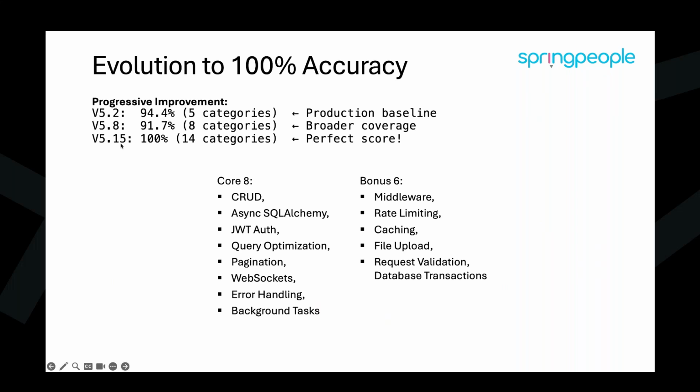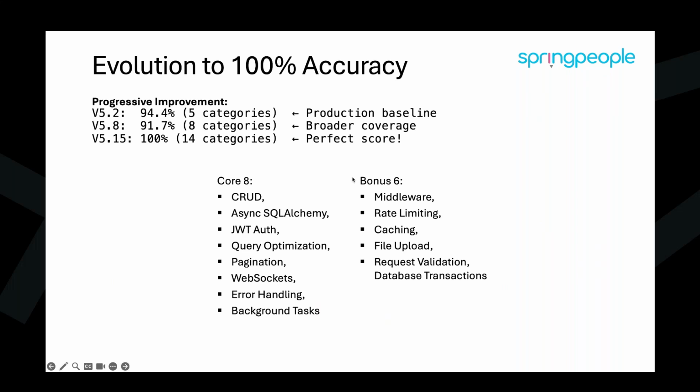But by the time I hit version 15, I had many more categories and almost hit a perfect 100. That means any code generated for FastAPI, the framework, was 100. So the core, the typical CRUD operations, SQLAlchemy and WebSockets, error handling, all of that core basics of any REST API framework, it handled.